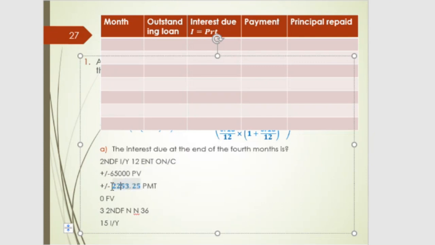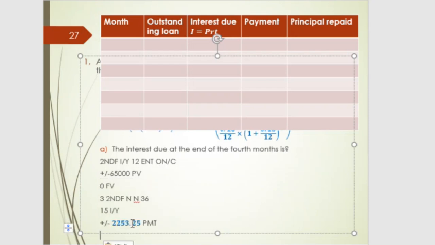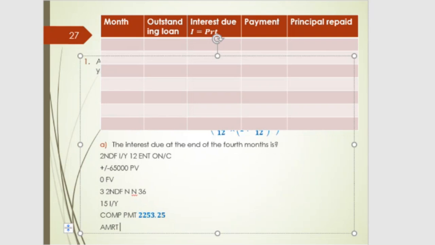Then after getting the answer, we press the amortization function. That's your answer there. Then after this is AMRT.